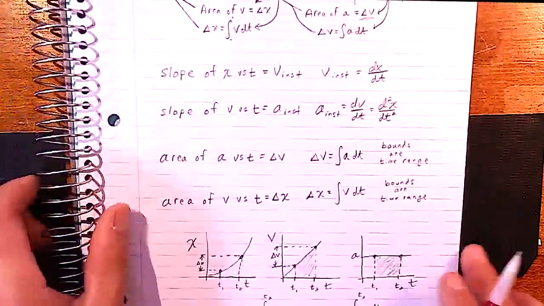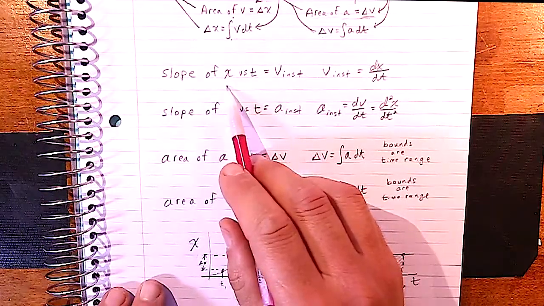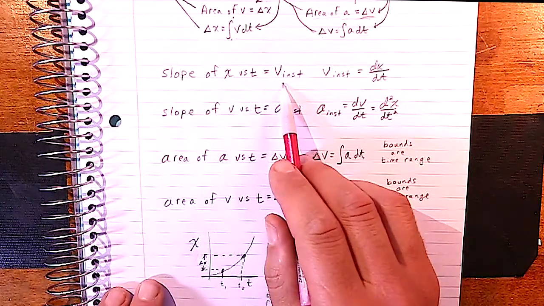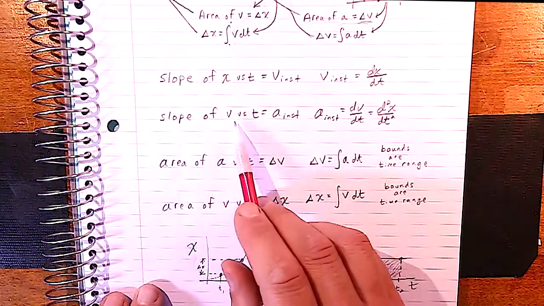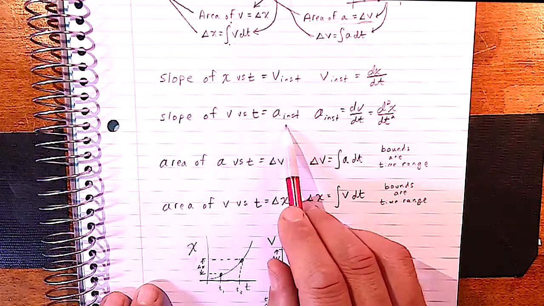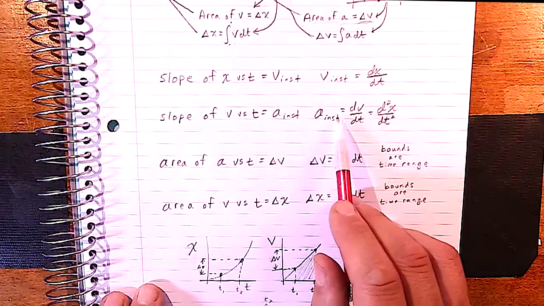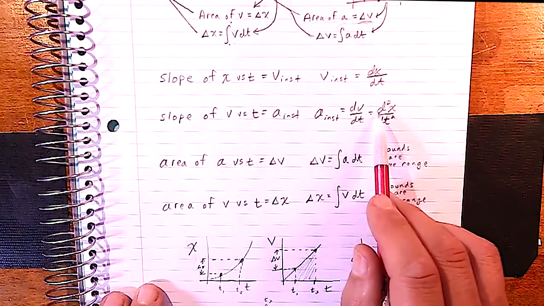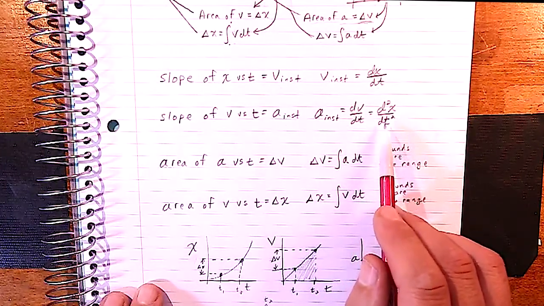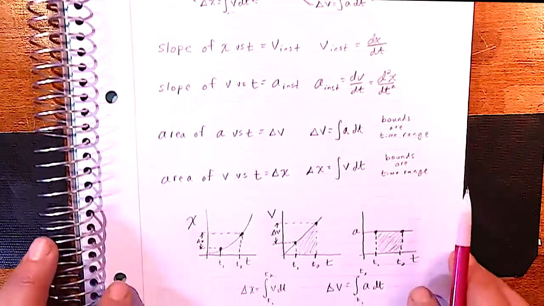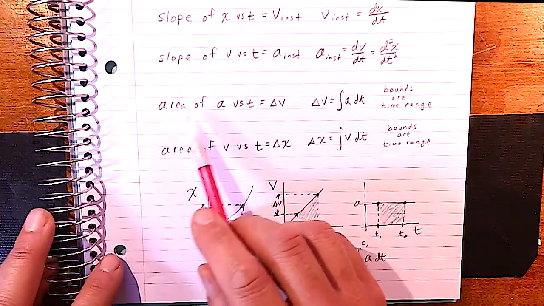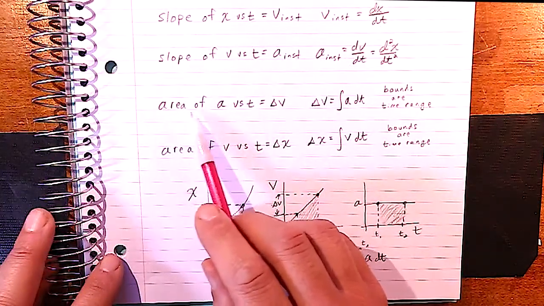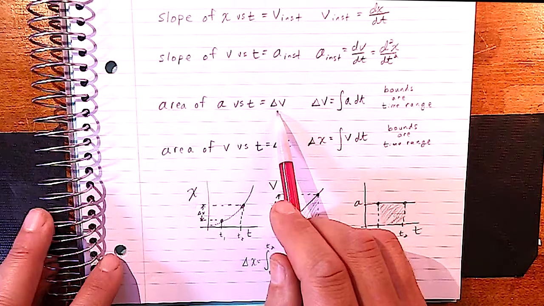So, recapping, the slope of a position time graph is instantaneous velocity, dx over dt. Slope of a velocity time graph is instantaneous acceleration, which is dv over dt, or the second derivative of position with respect to time. The area under an acceleration time graph tells us the change in velocity.